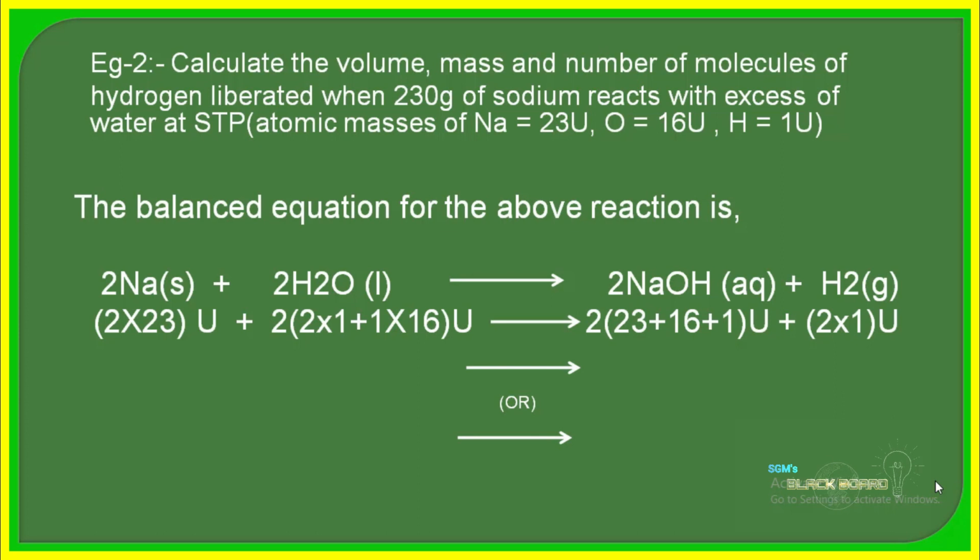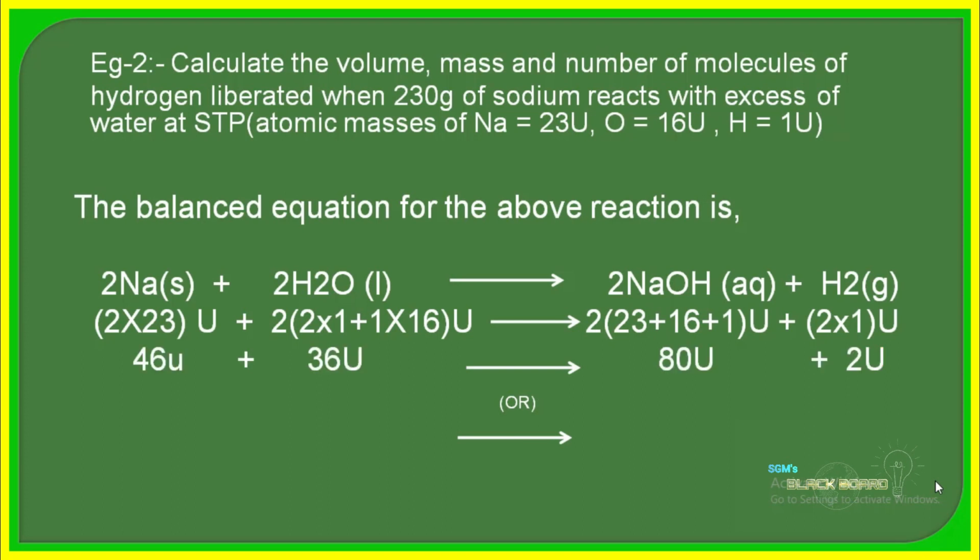Then sodium hydroxide: it has 1 sodium, 1 oxygen, 1 hydrogen. Sodium unified mass is 23, oxygen 16, hydrogen 1. So it is 2 into 23 plus 16 plus 1, and 2 hydrogen atoms, each of mass 1, so 2 into 1.